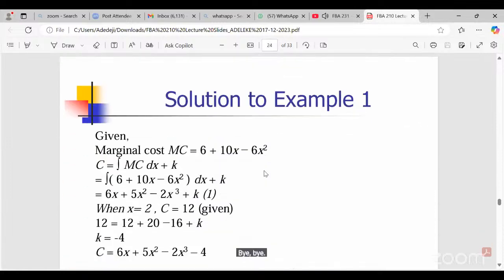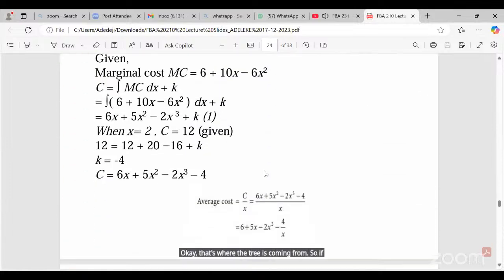If you plug it in, you'll get the cost function as C equals 6x plus 5x squared minus 2x cubed minus 4. That is how you arrived at the total cost function.